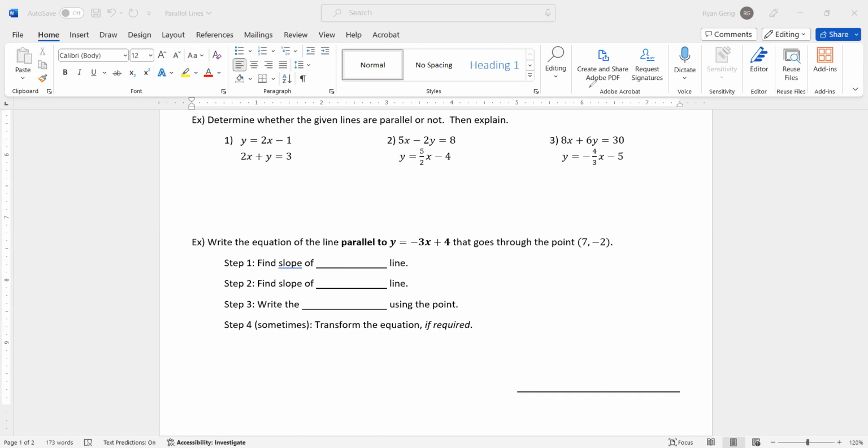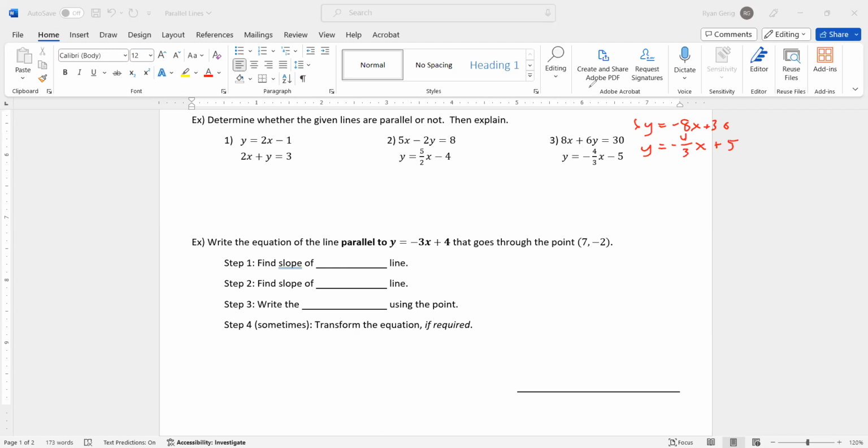You can probably guess that the third one's going to be, but let's just make sure. Subtract 8x, so I get 6y equals negative 8x plus 30. So divide by 6, I get y equals negative 8 over 6, which reduces to negative 4 over 3. Make sure you reduce those always. 30 divided by 6 is 5.